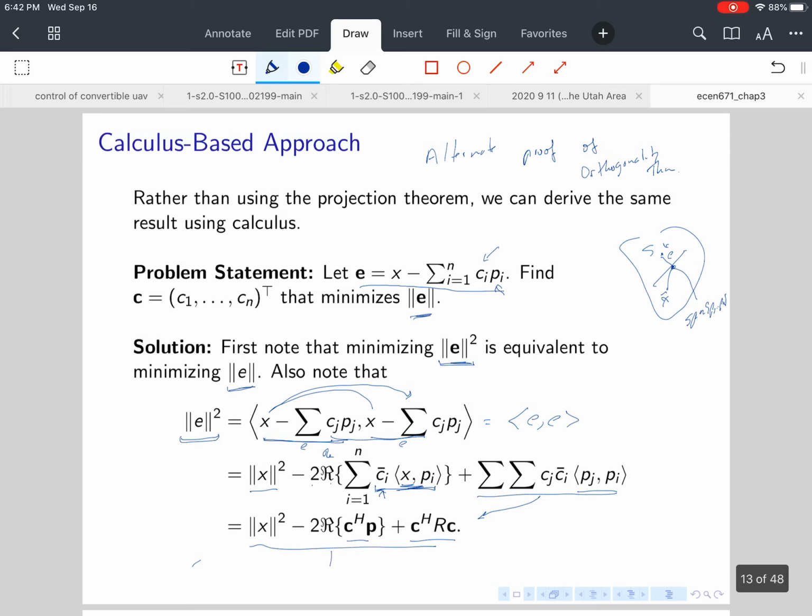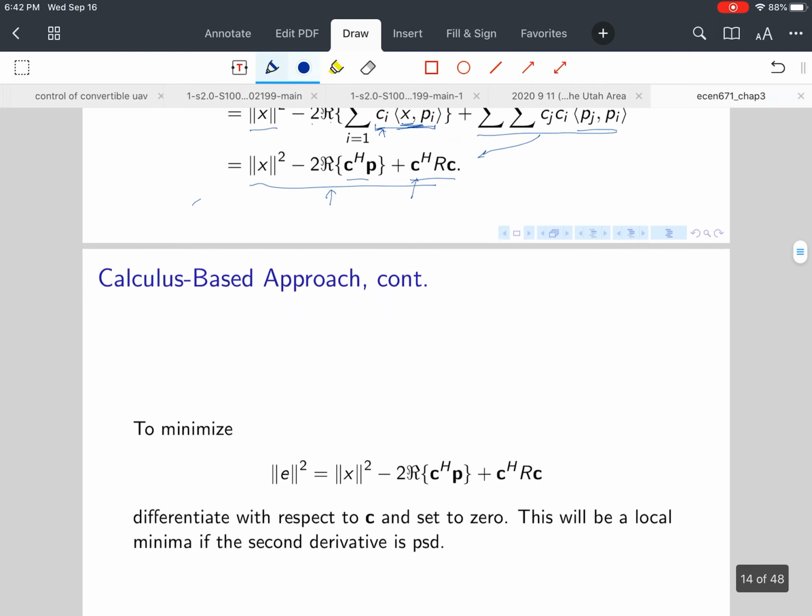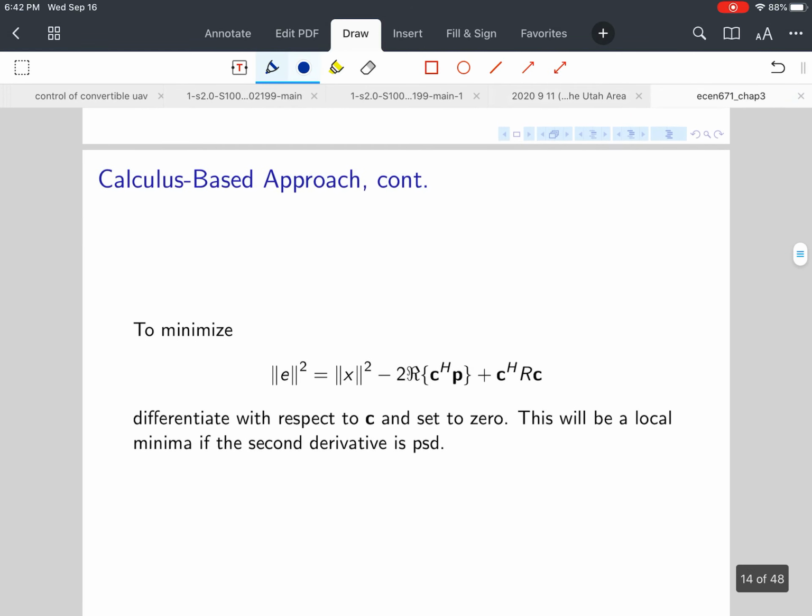So the norm of e squared is the norm of x squared plus c^H R c minus 2 times the real part of c^H p. Now we want to find the c that minimizes this. Calculus says, to minimize e squared, we just differentiate this expression with respect to c and set it equal to 0.